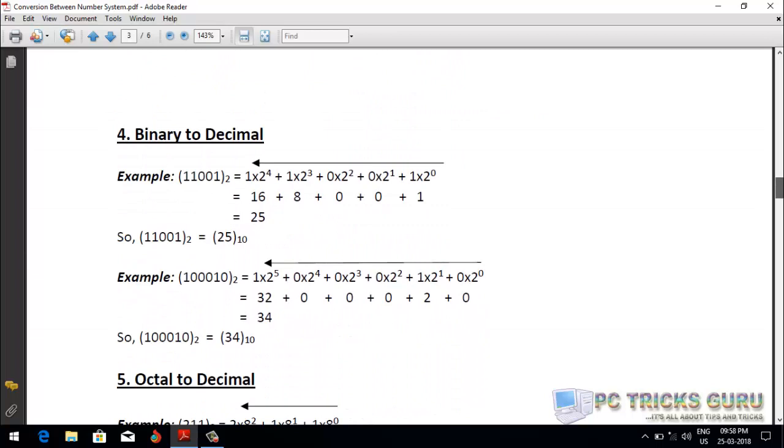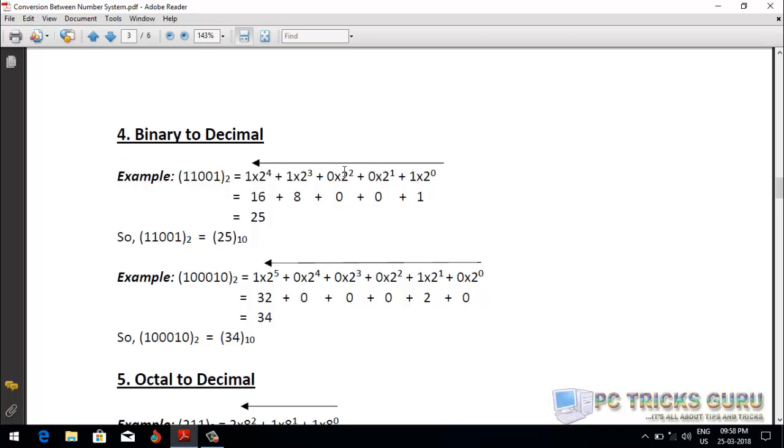Now the next conversion is binary to decimal. This one is also easy, only the method is different. So we have taken the binary number 11001 base 2, and to convert it into decimal, we start writing it from right to left. So first we take 1, then 0, then again 0, 1 and 1.